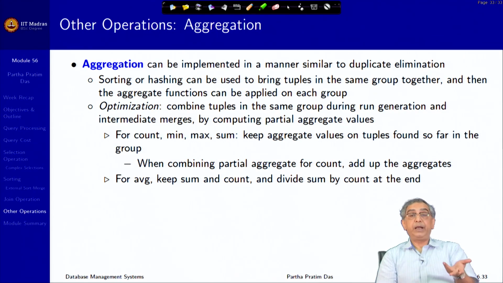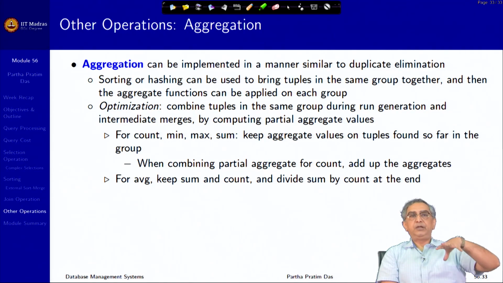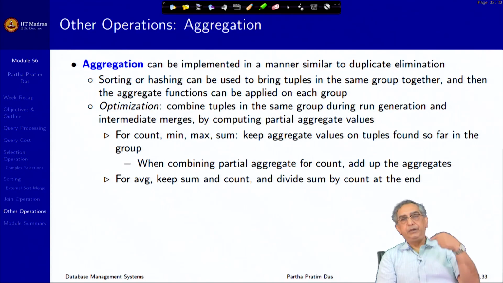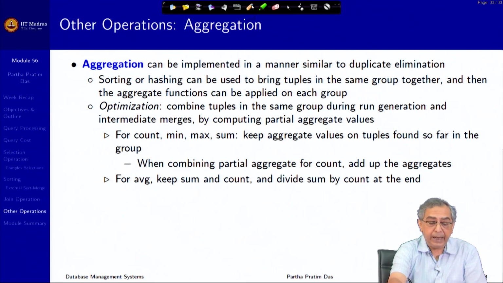When you have to compute aggregation, similar to duplicate elimination, you can collect all the tuples which satisfy the aggregation group and then compute the aggregate, but you can optimize by, while you are collecting tuples of the same group, keeping on computing the aggregate on the fly.